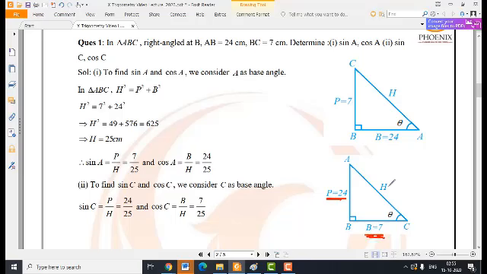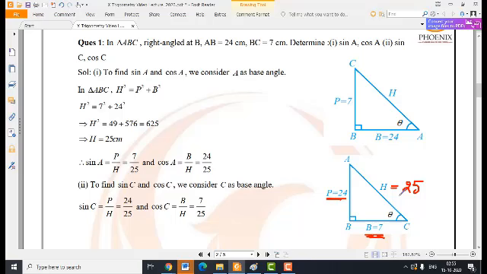BC is 7 centimeter. Hypotenuse you had evaluated, that was 25 centimeter. So again, we are directly going to use this thing. Now cos C and sin C is what you need to evaluate. First of all, if I want sin C, this is equal to perpendicular upon hypotenuse. Now pause for a moment and observe that in the triangle corresponding to this second part, perpendicular is AB, alright, and hypotenuse is AC, which is same as the previous one.